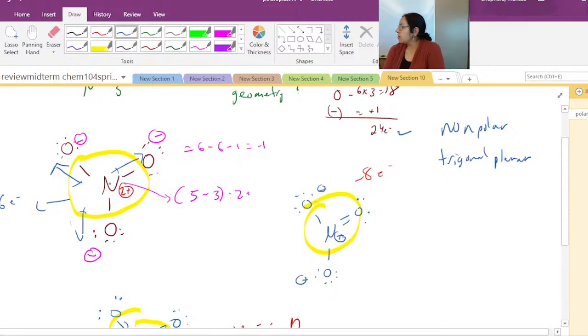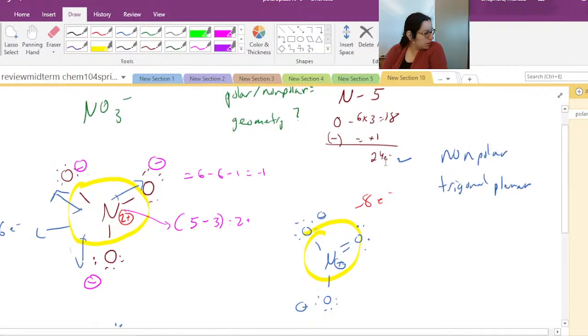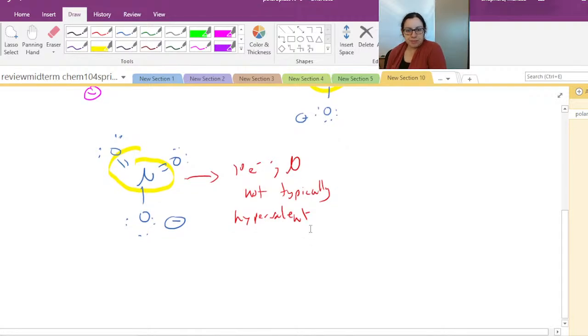So maybe this is not super ideal in terms of the structure. But as long as you're pointing those things out to me, I know where you're coming from, and I can see how your thought process is. Because it's not just about getting the right answer, it's about how you approach it, annotating it, having the total number of electrons correct, all those sorts of things.